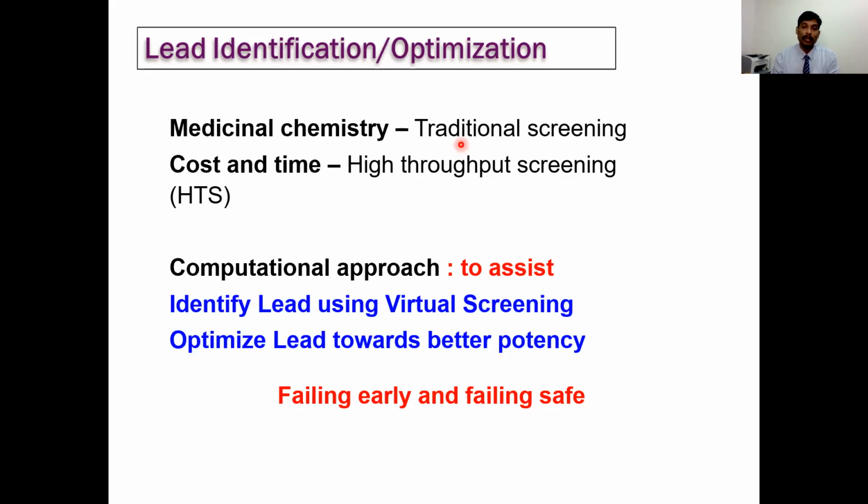Where it is targeting, how it is targeting, how it is curing, all unknown. It is a traditional one. Just give some crude and the symptoms will be reduced. We don't know exactly the disease or how it is going to be cured. That is the traditional one.